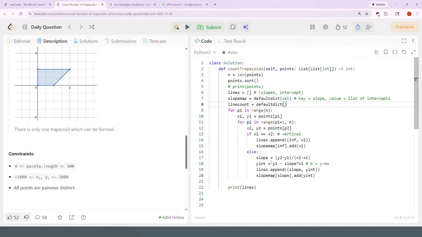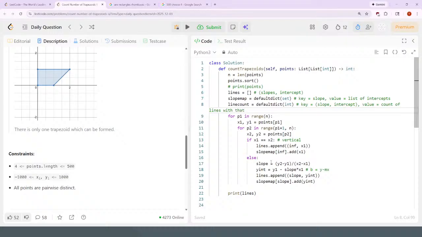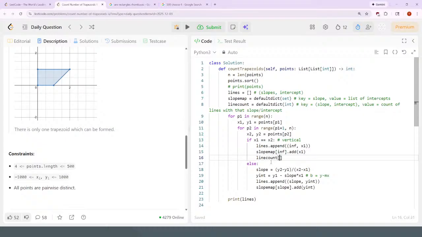So default dictionary of int, where the key is the slope intercept, and the value is count of lines with that slope intercept. So line count for this tuple is going to be incremented by 1.